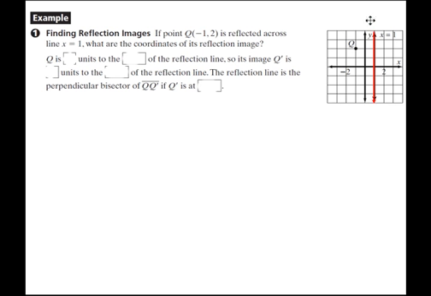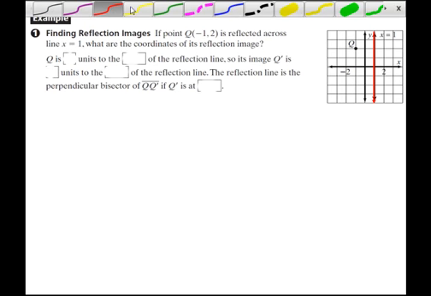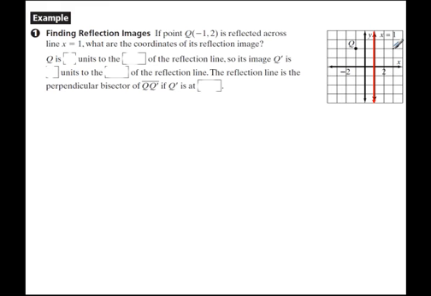So the red line is x equals 1. The black line here, the vertical line, is the y-axis. So we can see that right now we're at -1, 2. And if we're going 2 units to get to the line of reflection, we need to go 2 units on the other side of it when we reflect. So our new point will be 2 units to the right.